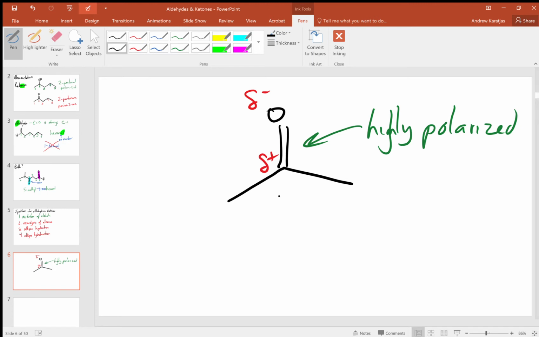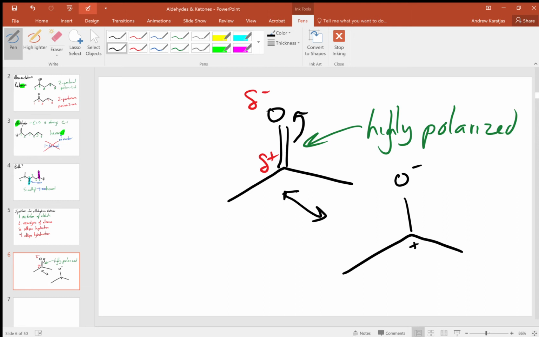And we can see that even better sometimes through the use of this resonance structure, where we shift the pi electrons up onto oxygen, and we show a full positive on carbon and a full negative on oxygen.